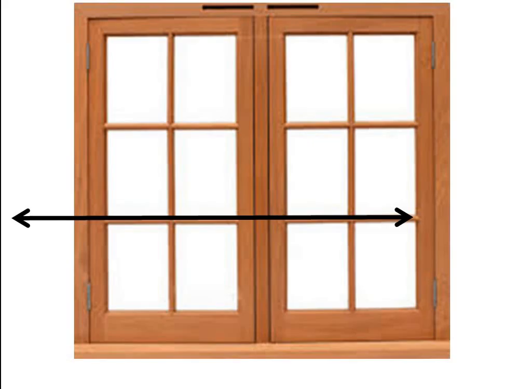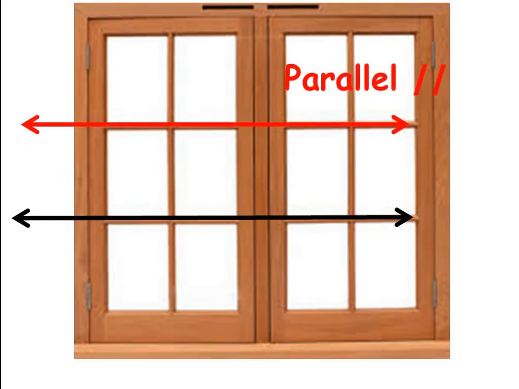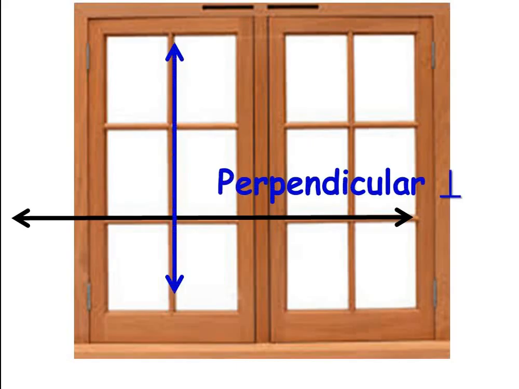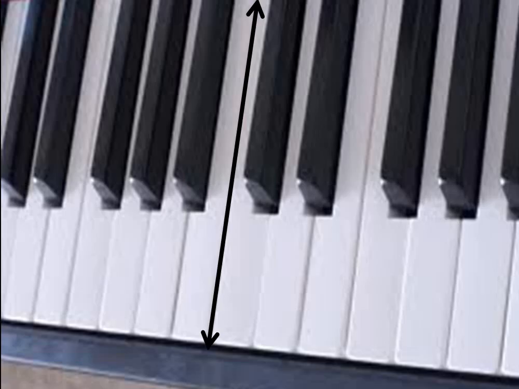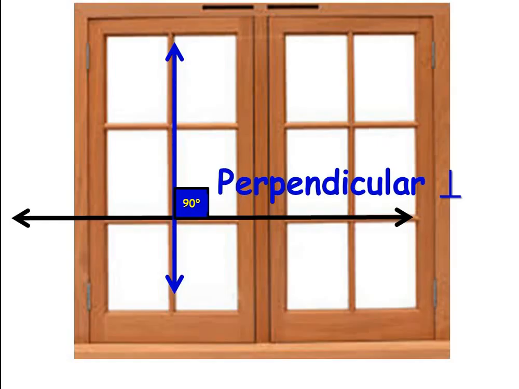If we look at this window also, this relationship is parallel. They never intersect at a point, but if we imagine a relationship between the horizontal and vertical lines, we will form a 90-degree angle, so they are perpendicular.